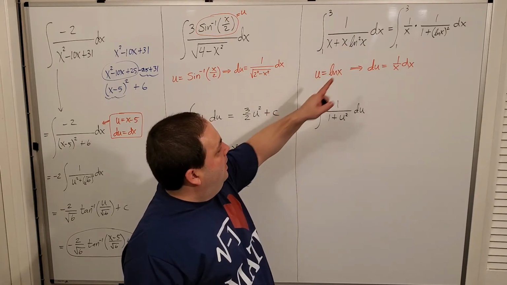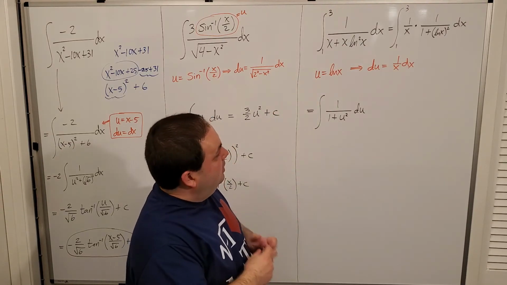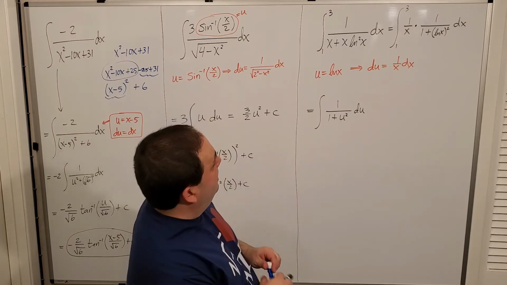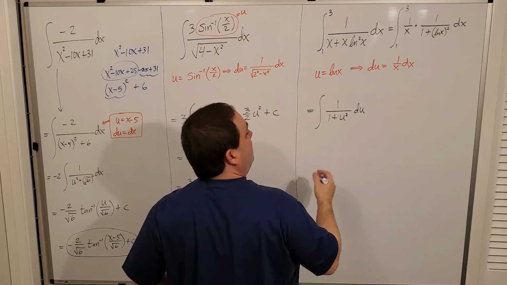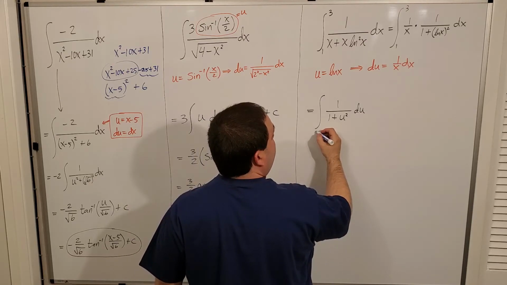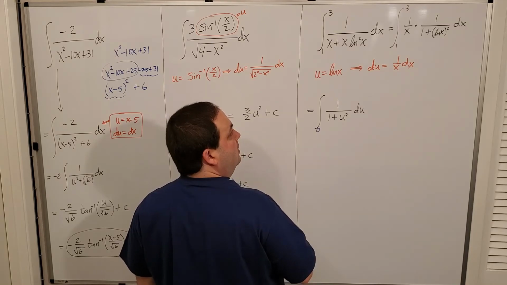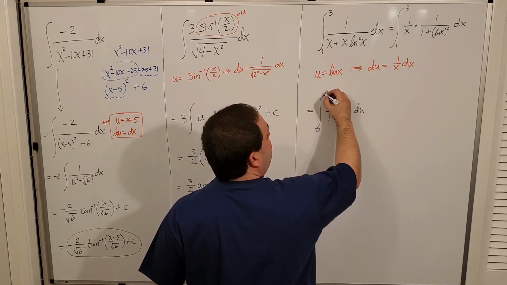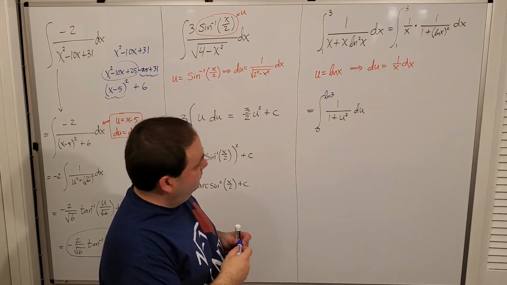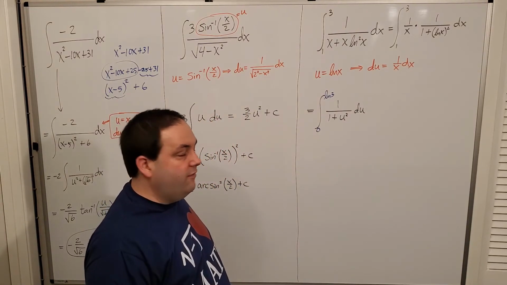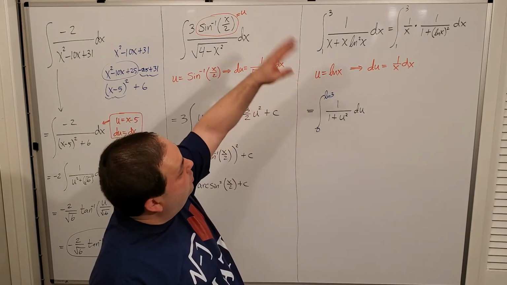But wait a minute, I've got to convert the numbers, right? U is equal to ln x. So this is going to be equal to the ln of 1, which is 0, and the ln of 3, which is irrational, so I'll just write ln of 3. Because u is equal to whatever the ln of the x's, and the x's were 1 and 3.